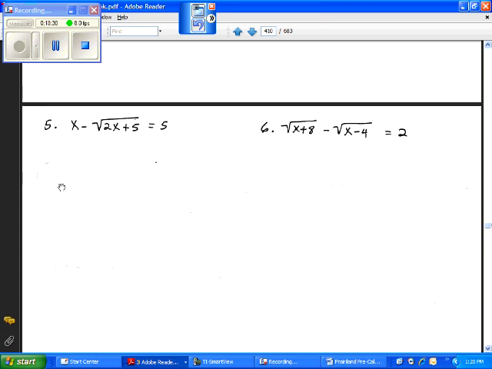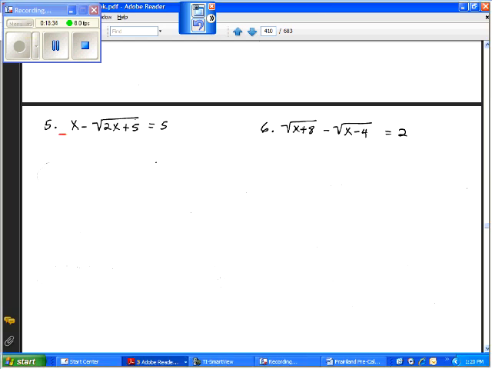Now, on number 5, we need to isolate the radical. So we need to subtract the x. So we're going to have negative square root 2x plus 5 is equal to negative x plus 5. We've still got to get rid of this negative 1 that's understood to be multiplied.